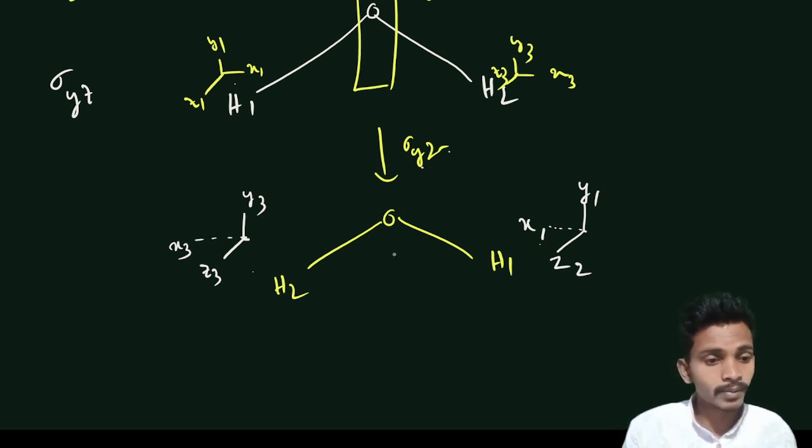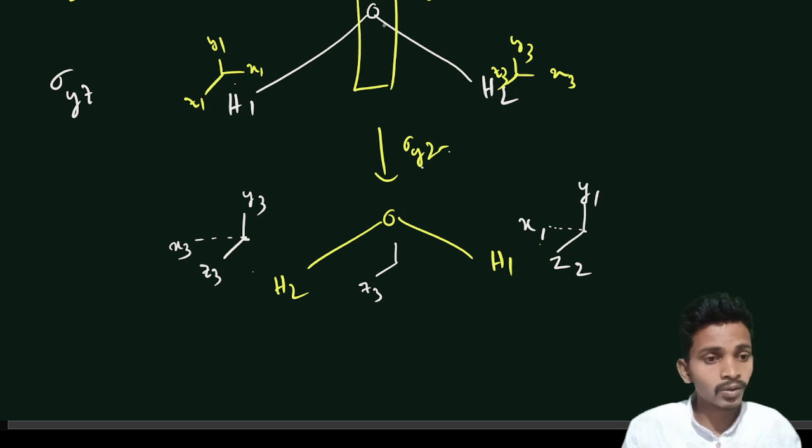Similarly here also the same thing will happen. So z3, sorry, here there is no replacement of atoms, oxygen remains in its own place, so this is again z2 and y2, and x2 will go to this direction.